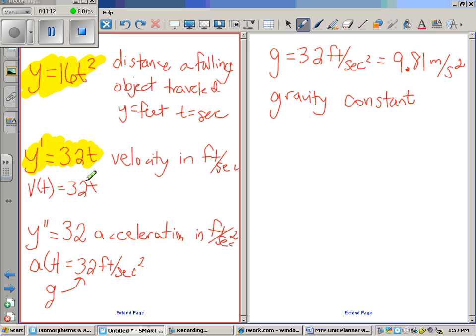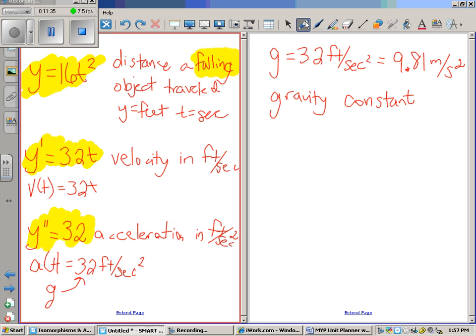We took the derivative, that's the first derivative, to get the velocity, and then we took the second derivative to get our acceleration. Okay, and these are for falling objects. Not for any object, only for falling objects is the force pushing that down the same, at least on this planet. All right, so that's our gravity constant in free fall.